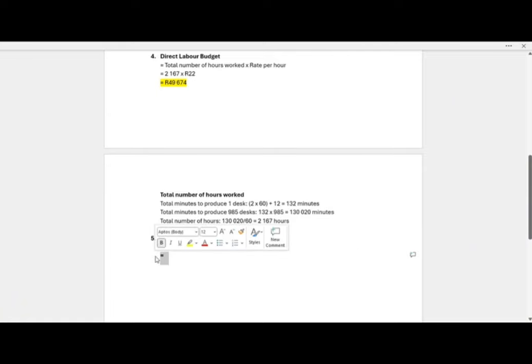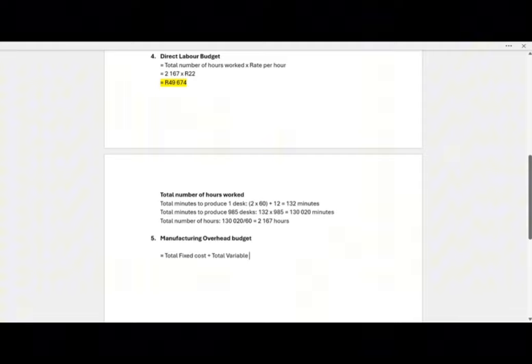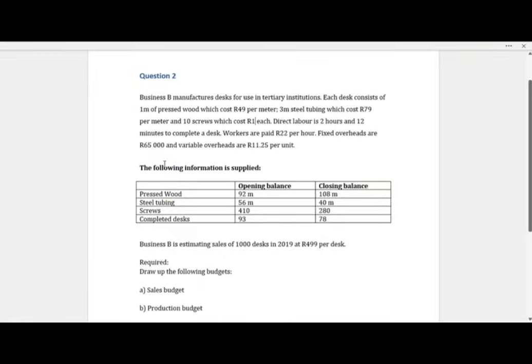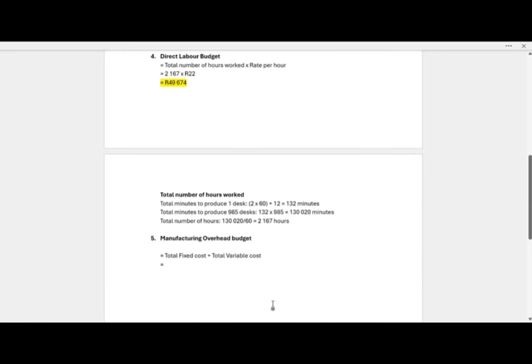The formula is total fixed costs plus total variable costs. Let's check how much our total fixed cost is. Our total fixed cost is 65,000 rent.